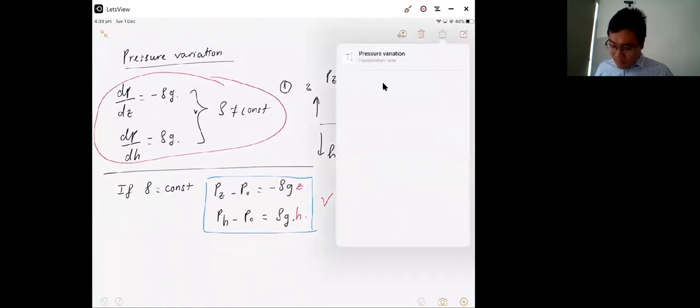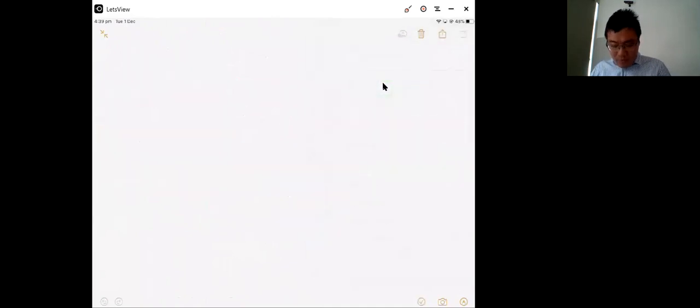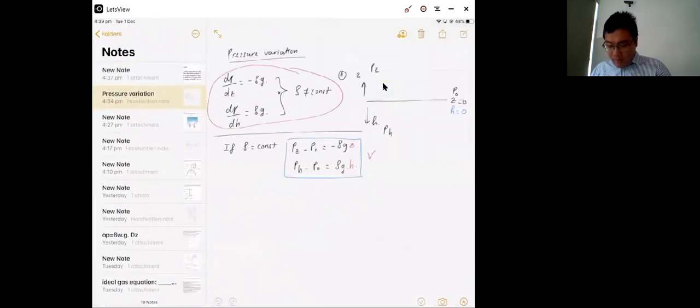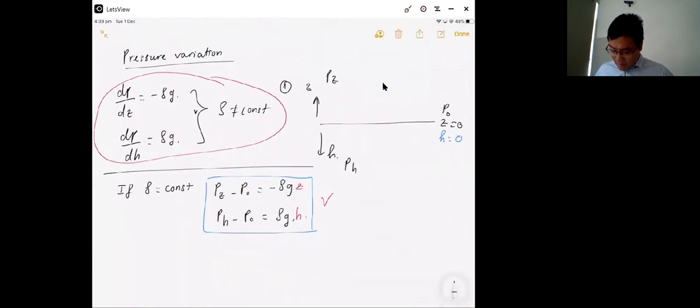And z here is upward, it depends on the axis you use. If Z is upward, dP over dz equal to minus rho z. If S is downward, dP over ds equal to rho z. Because as you know, when we go up, pressure decreases, and when we go down, pressure increases. So depending on Z or S, you will have a different equation.